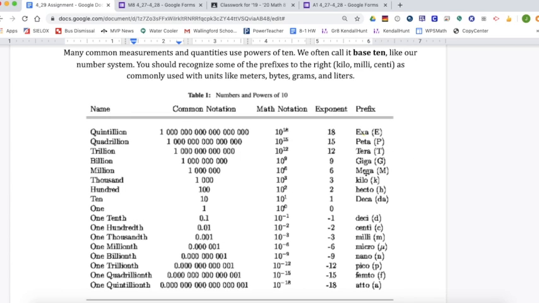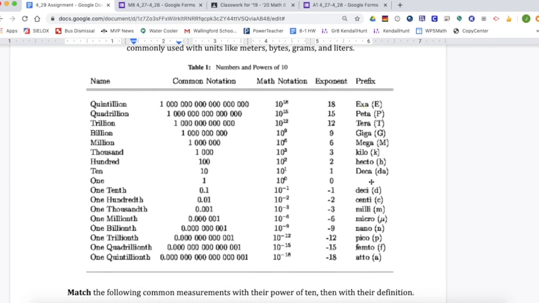A terabyte is a trillion bytes, and as you might know, a terabyte is 1,000 gigabytes. A gigabyte is 1,000 megabytes, which would be 1,000 kilobytes if anyone ever talked about a kilobyte. Anyway, that's our table of hopefully familiar-ish stuff.